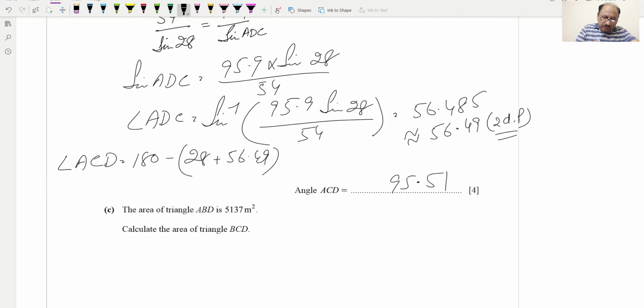This is the answer, 95.51, and this is a 4-mark question. This is basically degrees, so we'll write degrees also.